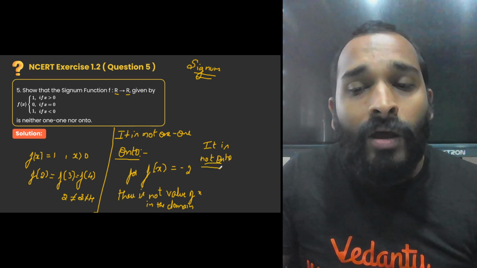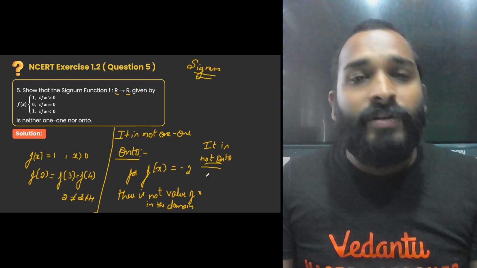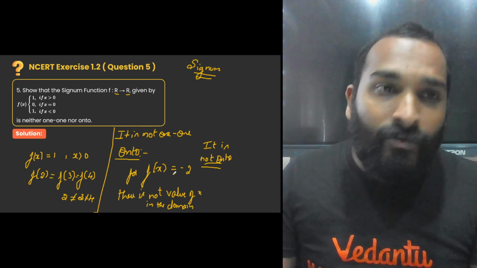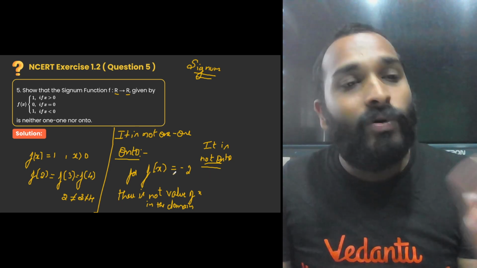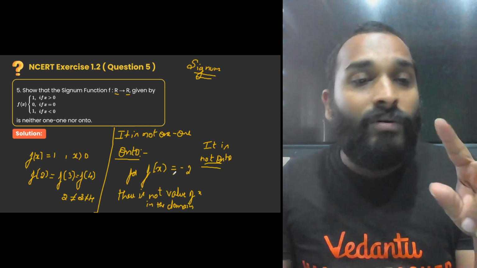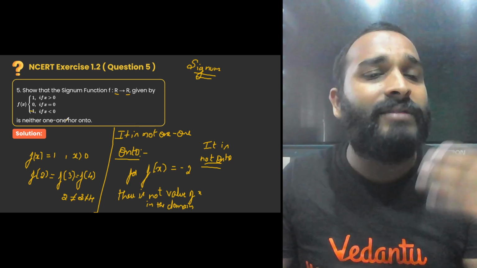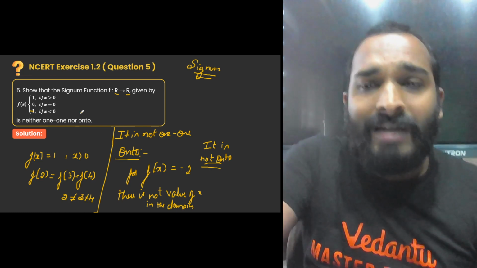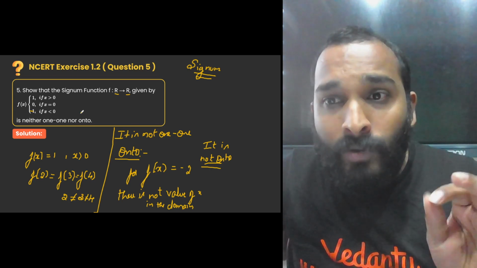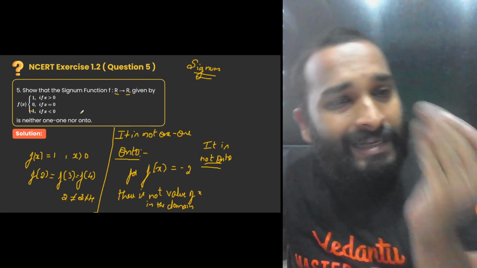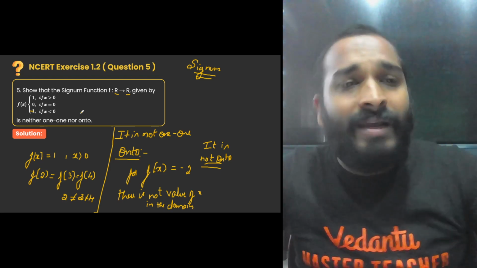See children, be very conscious when you're solving these kind of problems, because f of x takes the value 1 if x is greater than 0, f of x takes the value 0 if x is 0, and f of x takes the value minus 1 if x is less than 0. Try to understand this very carefully. If the value of x is greater than 0, whatever value it is, it takes the value 1.